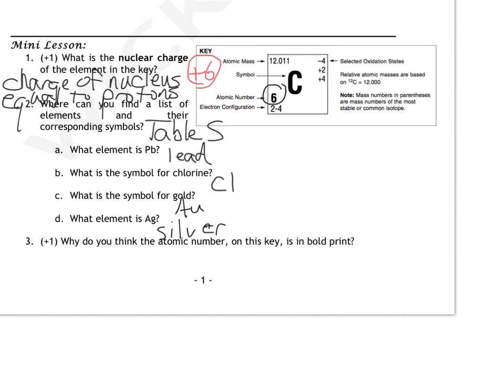And the reason why the atomic number is in bold print on this answer key is mostly because the atomic number identifies the element. So since it identifies the element, we put it in bold because it's the most important piece of information for that element.